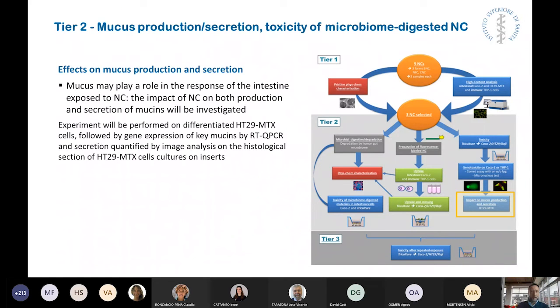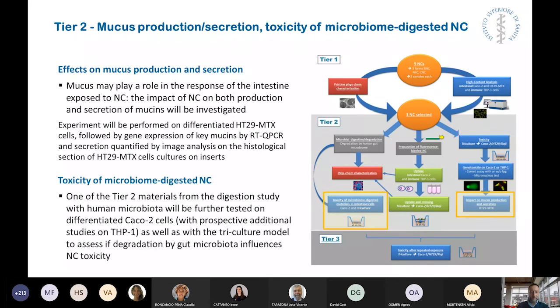Another objective of tier 2 is to investigate potential effects on mucus production and secretion. Mucus may play a role in the response of the intestine exposed to nanocellulose, so the impact of nanocellulose on both production and secretion of mucins will be investigated.